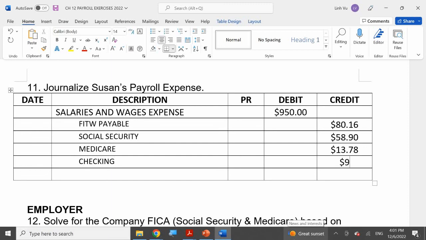So she's earned a total of $950, and yet she has to pay almost $150 in taxes.